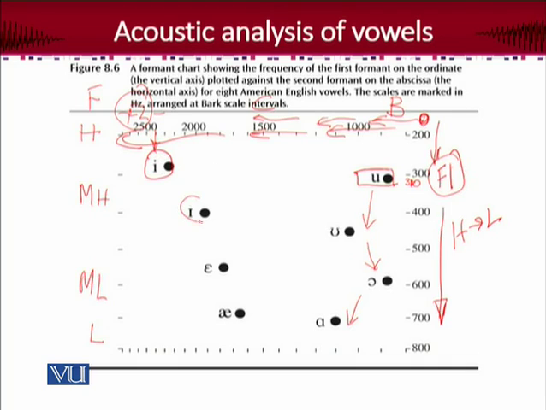And then A, which is a little bit from the back side, a little back from the E. So you see it's the 2000 value for F2 for this sound. And same is the case with other vowels. So you just see that when the value is decreased, the sounds are produced more from the back part of the cavity. And that's a very interesting coordination between the two types of methodologies.